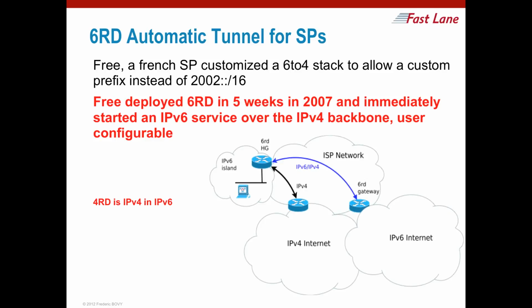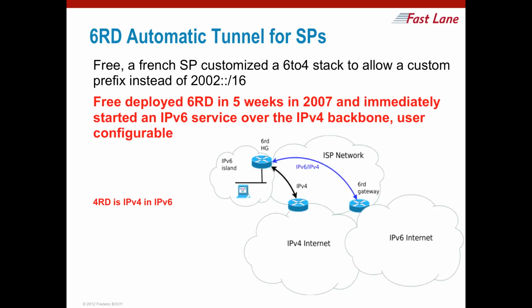So a French service provider thought that 6to4 was not a bad idea, but the problem was the fixed prefix 2002. So they actually customized the stack in 2007 to allow a customized prefix instead of 2002.